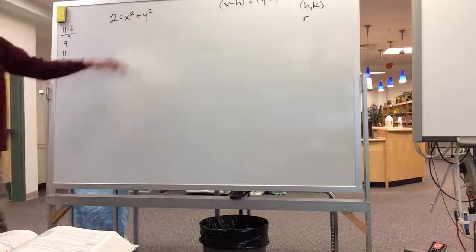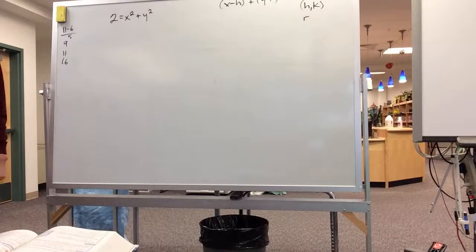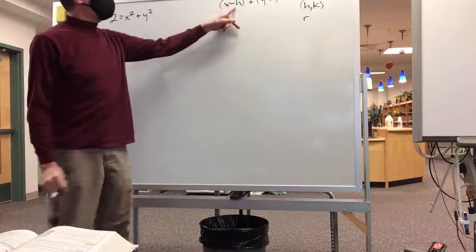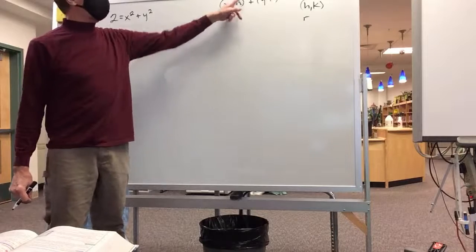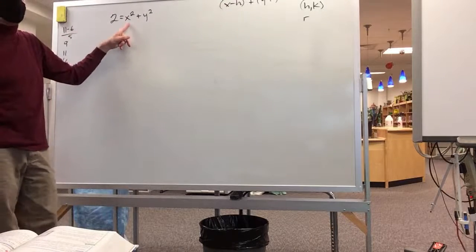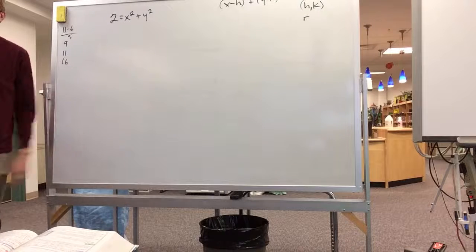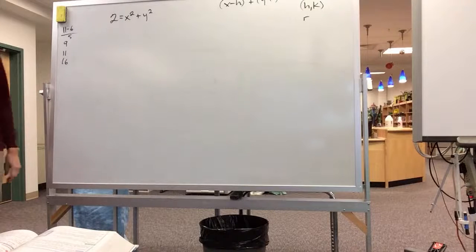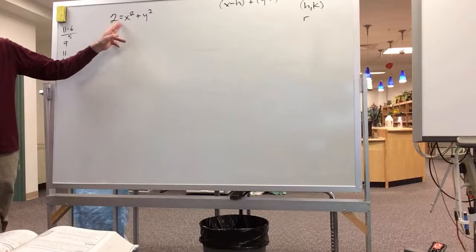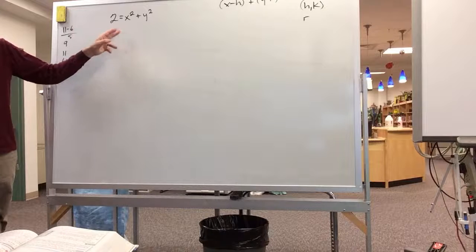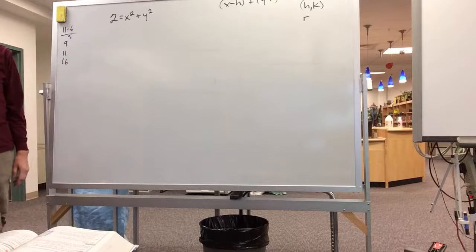So in this case, what are the h and k values? 0, because x subtract 0 is x, and x squared is x squared. So this is just (0, 0), the origin. What is the radius of this? The exact would be the square root of 2.